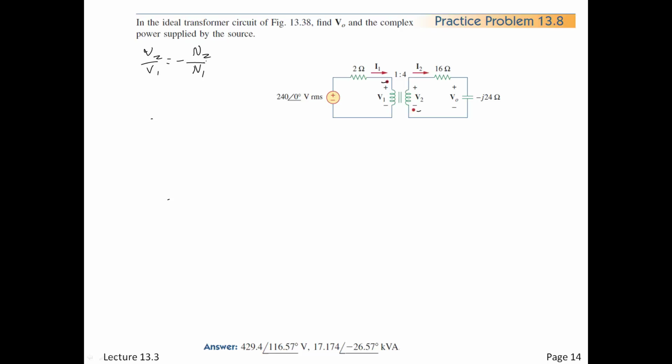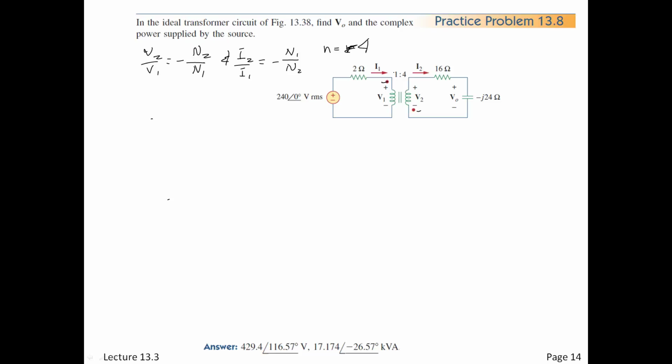Currents are in opposite direction relative to the primary, and so is I2 over I1. Right, that's going to be minus what? The reciprocal, N1 over N2. And our little n, which is the ratio of the two, we can say is 4.